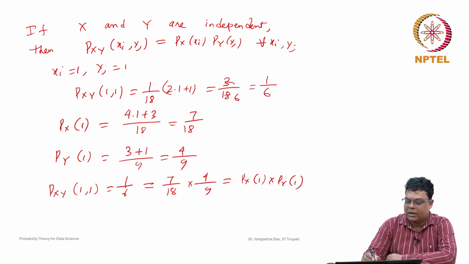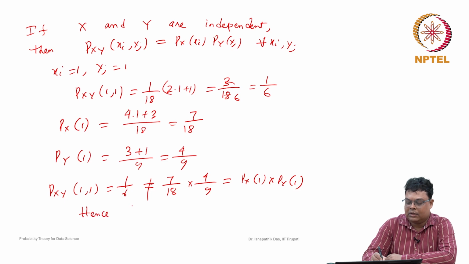Note that it cannot be equal, because on the left hand side this factor 7 is not present. On the right hand side, or you can directly compute whether it is equal to 1 by 6 or not. But even without computation we can see that on the right hand side, after cancellation also, there is a factor 7, but on the left hand side you cannot find any factor 7. So it cannot be equal.